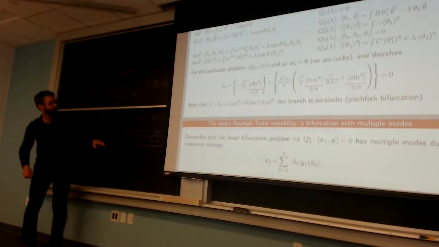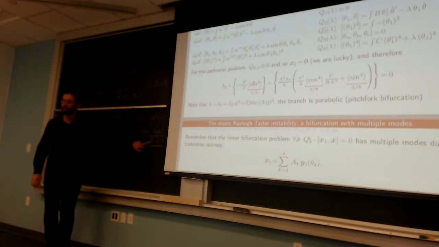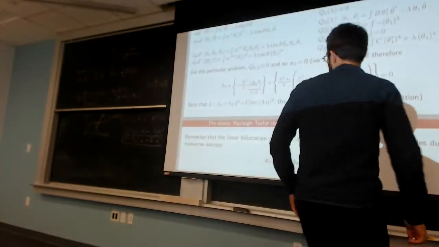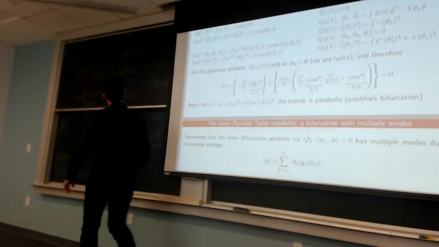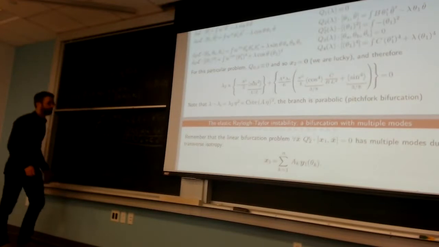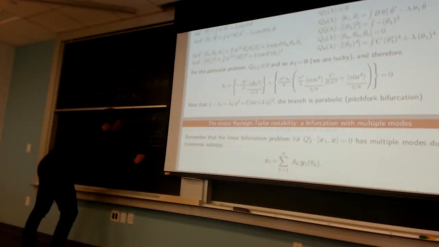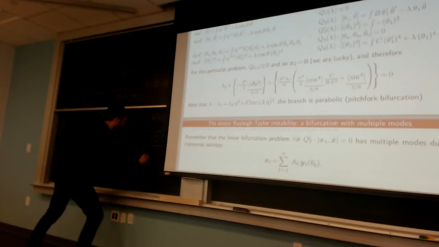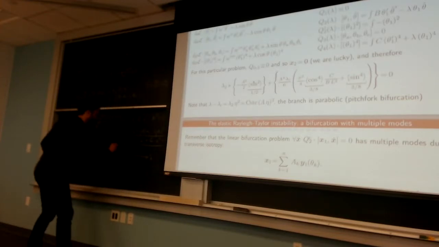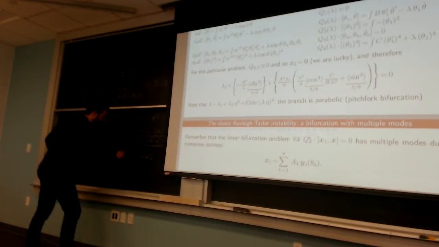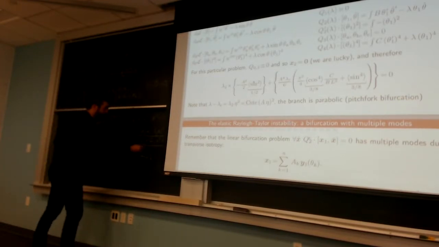Okay, and all this calculation allows us to calculate this constant. So you probably recognize here the equation for our system in the load amplitude. That's what gives us the bifurcation equation, right? We have one branch which is A equals 0, that's a solution, and we have another branch which is quadratic.